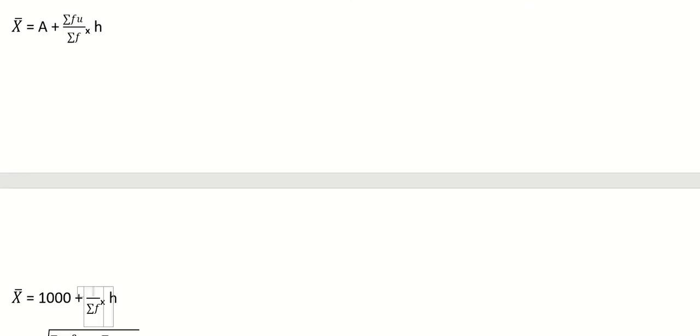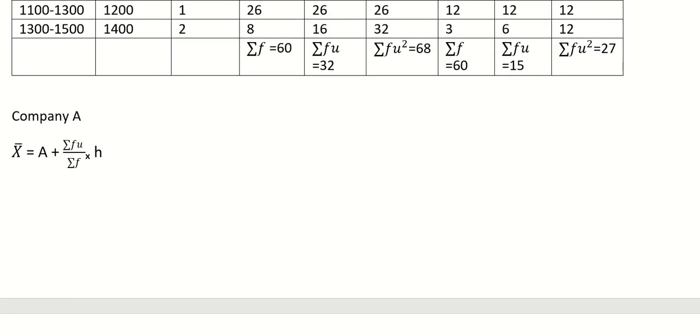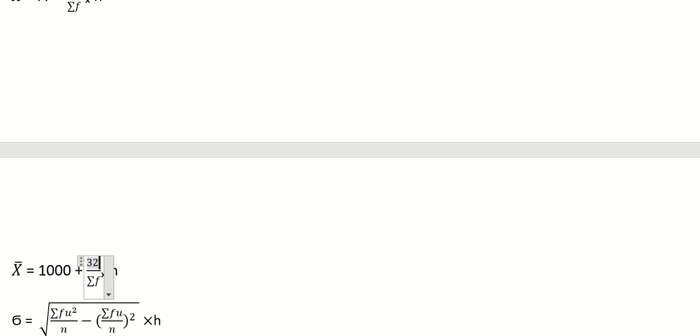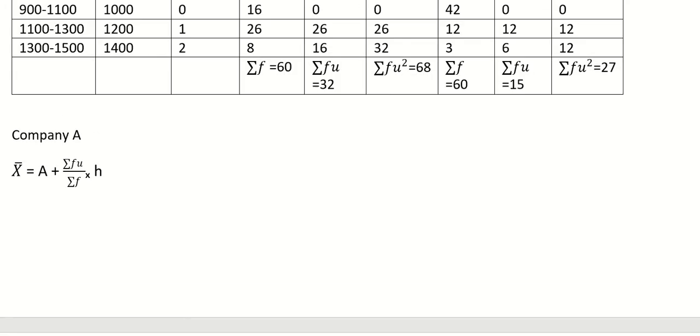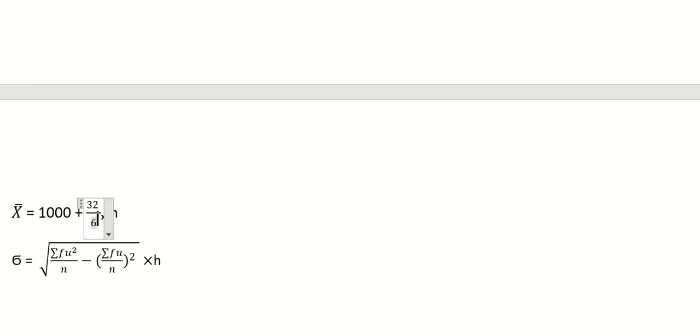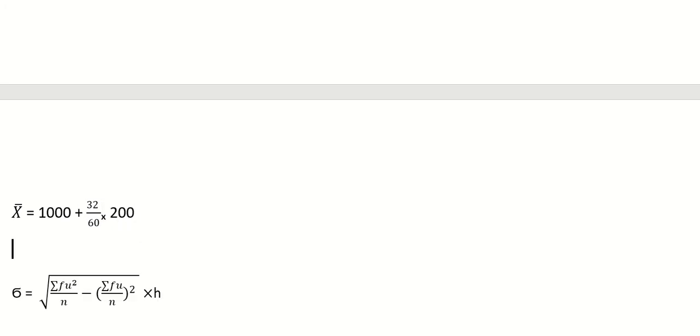Now summation of FU in company A is 32, so here I'm writing 32, and summation of F in company A is 60. So 60 into H we took as 200. Now I can just solve it.